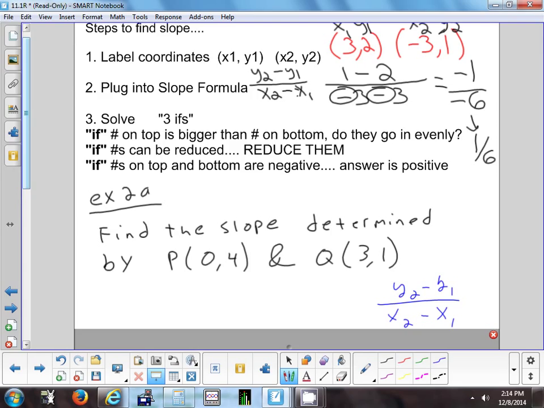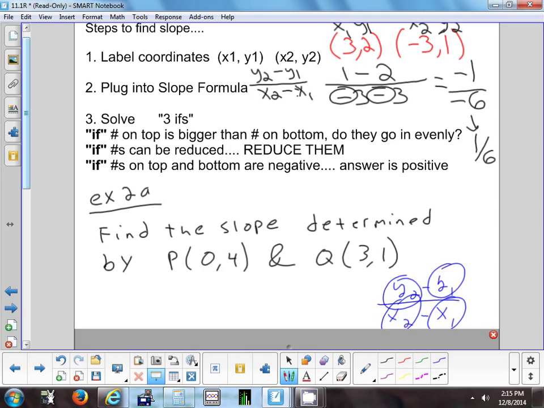So our goal is to figure out which number goes where in this formula. That's why he's having you label the coordinates. So you can figure out where's the 3 going to go? Which one of those spots? Where's the 4 going to go? Where's the 1 fit in? Where's the 0 fit in? You've got to find out what number goes in each of those 4 spots. Okay? So labeling it helps us just to organize our thoughts before we start.